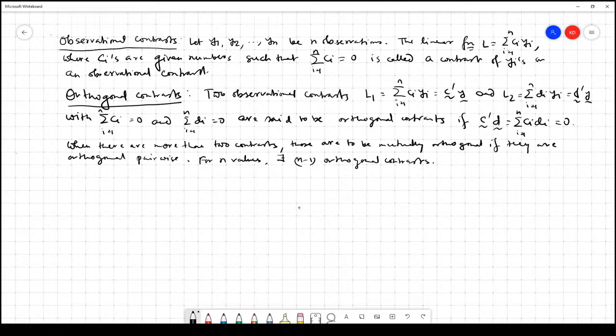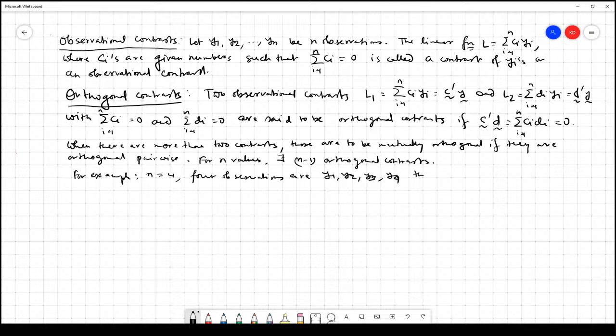For example, take n equal to 4, the 4 observations are y1, y2, y3, y4.